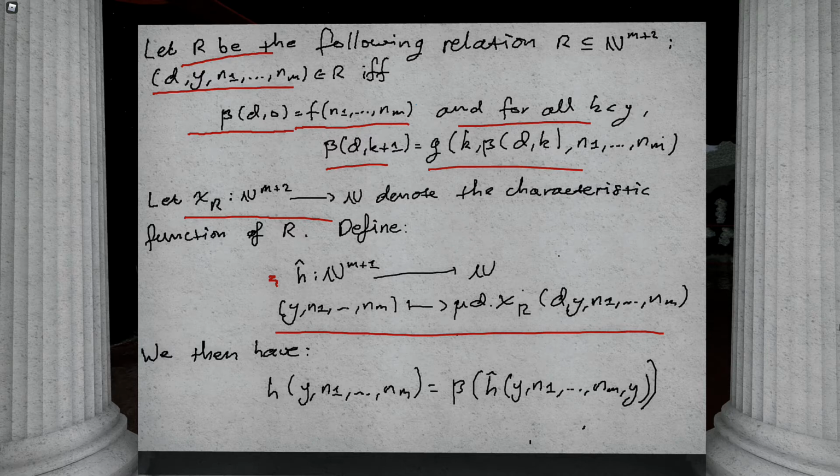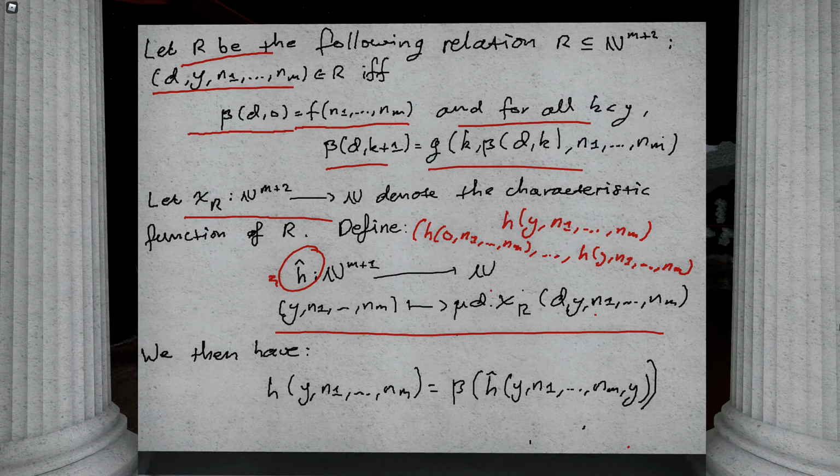So for h evaluated at y, n1 up to nm, this defines a sequence, which is h of 0, n1 up to nm, comma, dot dot dot, comma, h of y, n1 up to nm. And then h hat calculates the natural number d which is the least such that it encodes this sequence.